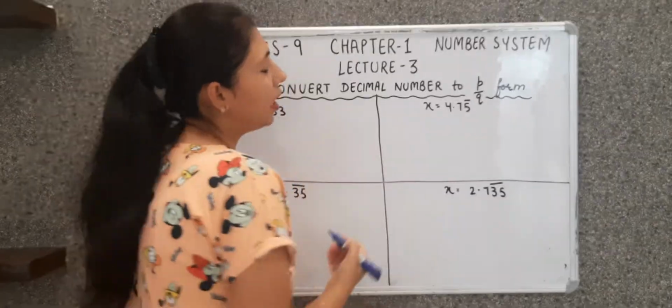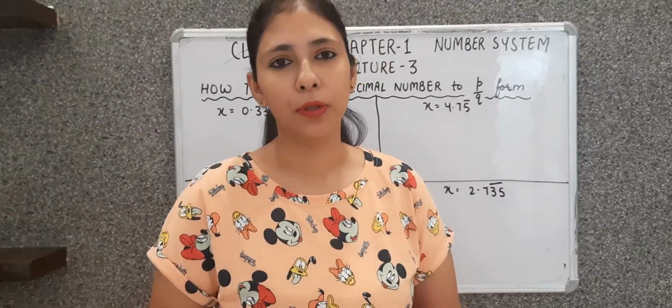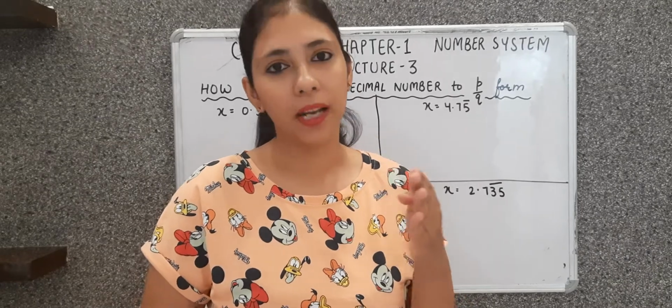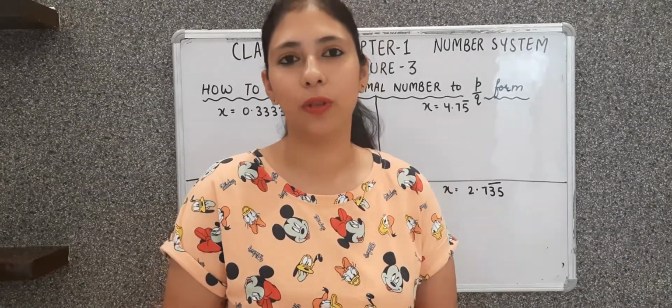We know that rational numbers are numbers which can be written in the form p by q, where p and q are integers and q is not equal to 0.